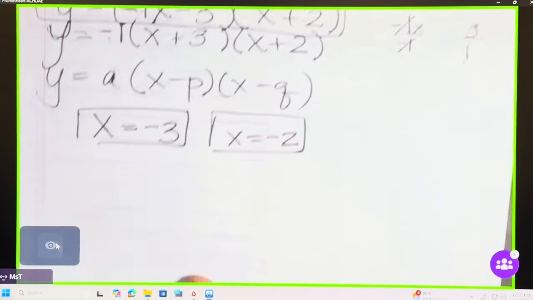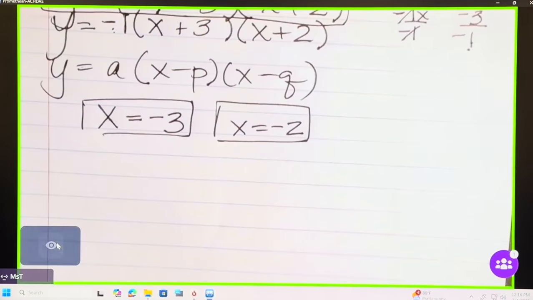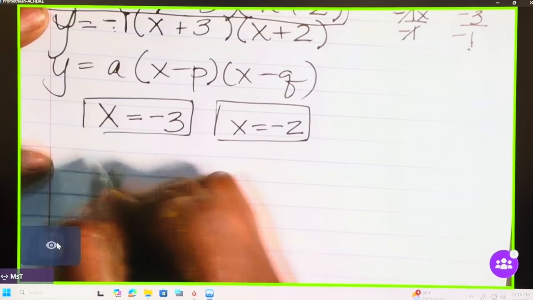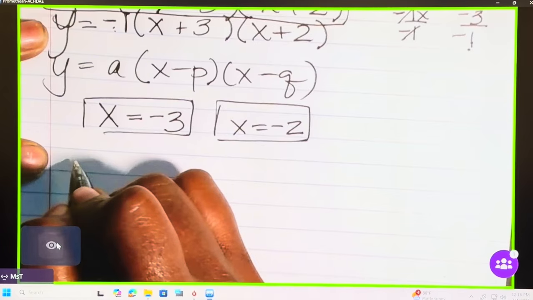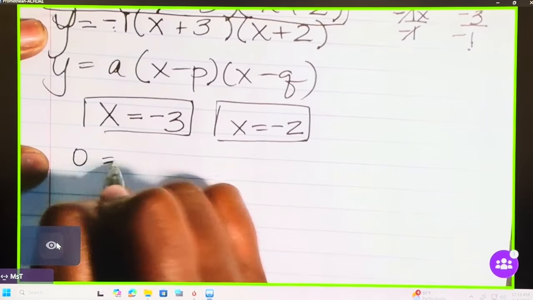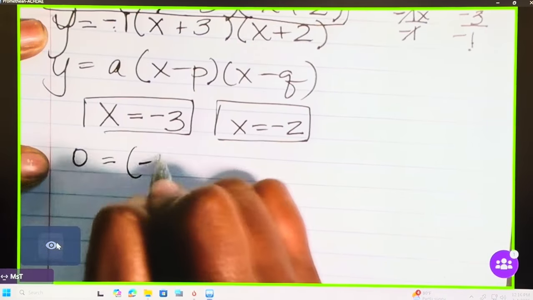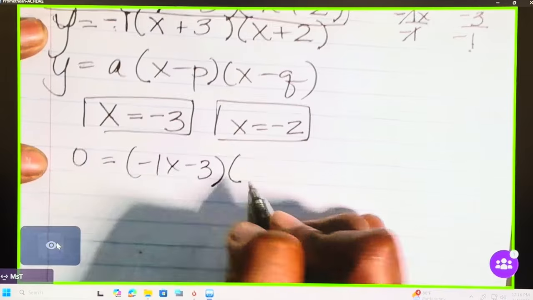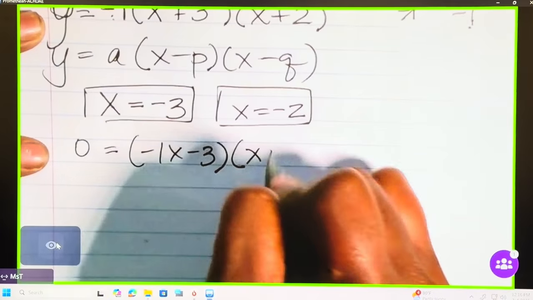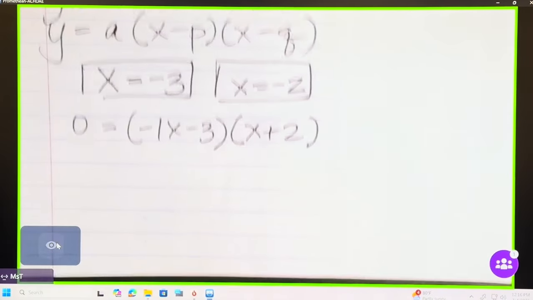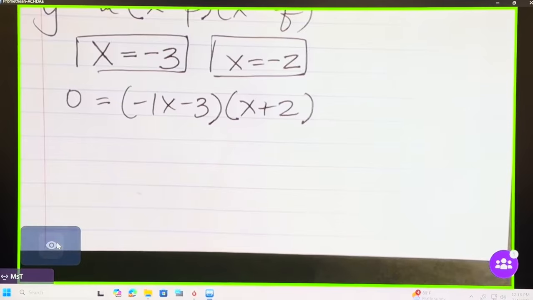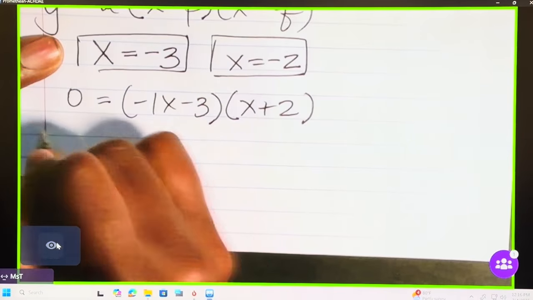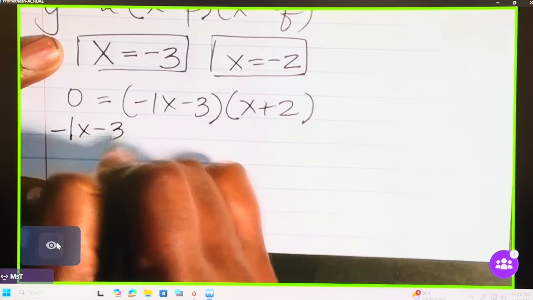Now, what if I didn't completely factor it, but I need to find my solutions? Here we go. What do I write? I set it equal to 0. I'm going to put 0 equals negative 1x minus 3, x plus 2. Now remember, this is not factored completely. Now what am I going to do? I'm going to set both of these equal to 0. I'm going to put negative 1x minus 3 equals 0.